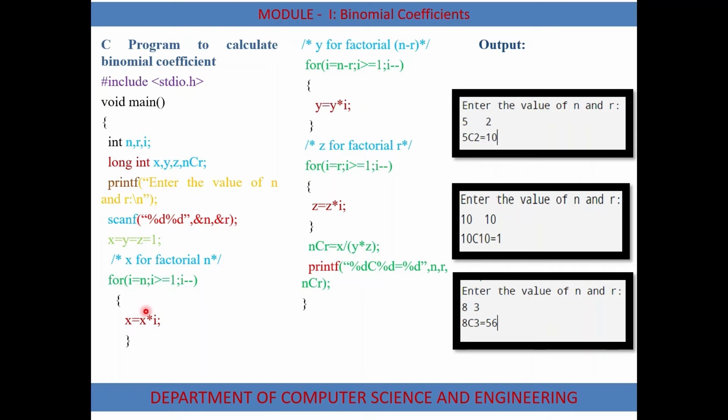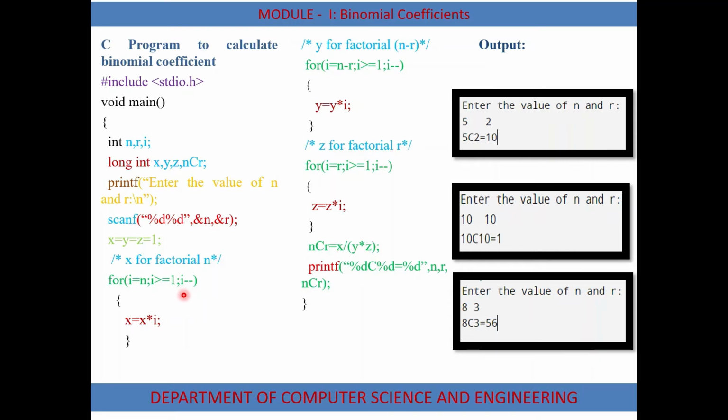Again, after performing this operation, decrement the value of I by 1. Now I is equal to 4. The initial value of I is 5. After decrementing it by 1, now the value of I is equal to 4.